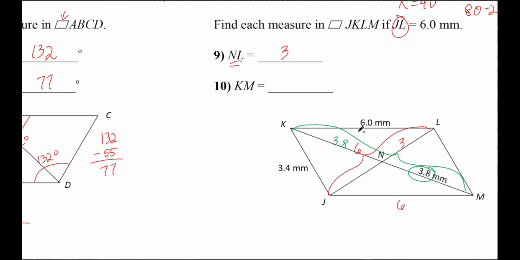So what's the whole thing from K all the way down to M? 3.8 times 2. Or you could say 3.8 plus 3.8, right? To get the whole thing. So it's 2 times 3.8, and that, I believe, is 7.6. All right? So there you go, 7.6. This is all in millimeters. I wouldn't mark it wrong if you did not put millimeters, but you should.